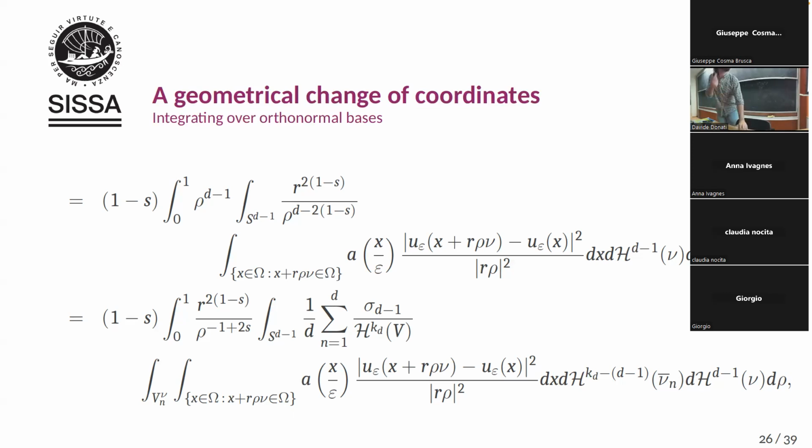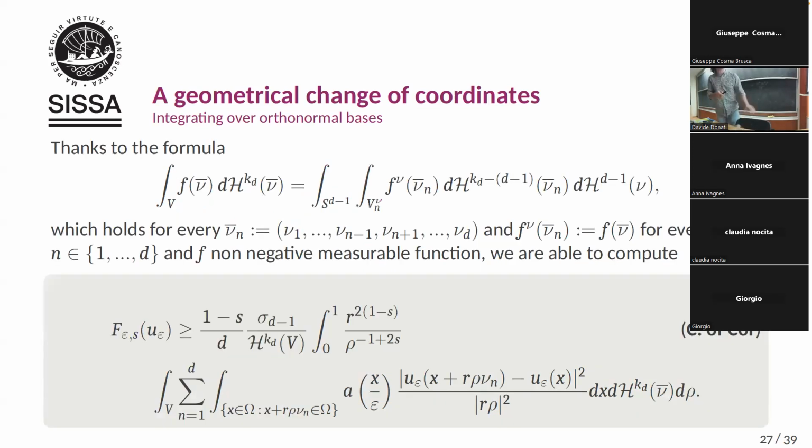By this identification, and using more formally this formula, which looks very complicated, we recover this inequality where now instead of having V nu n, we have the full space of orthonormal bases. And here we have an integration with respect to the HKD Hausdorff measure.